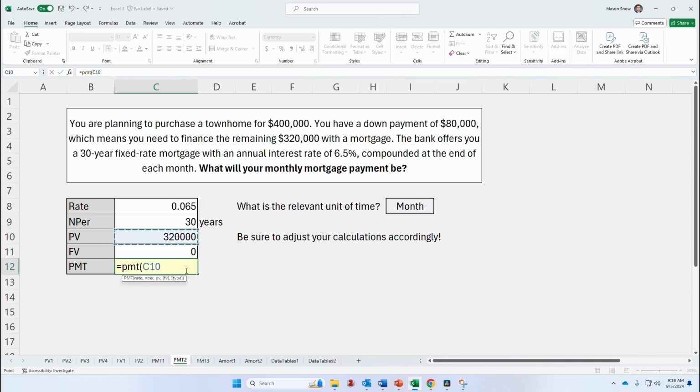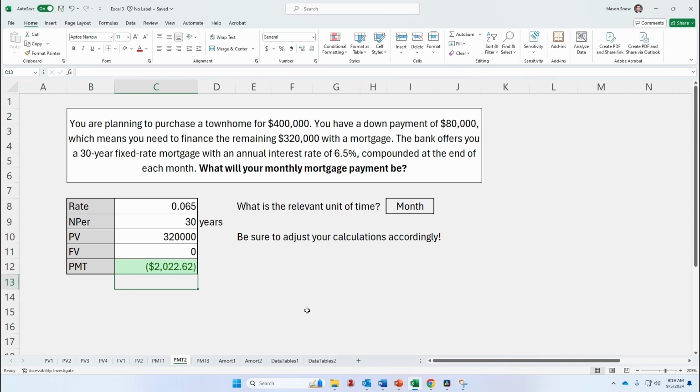Equals payment. Remember, we'll take this rate, divide it by 12 because it's compounded monthly. We'll multiply the number of periods by 12. It's a 30-year loan, but it's going to be 30 times 12, 360 months worth of payments. Here's our present value and future value. And here is our mortgage.